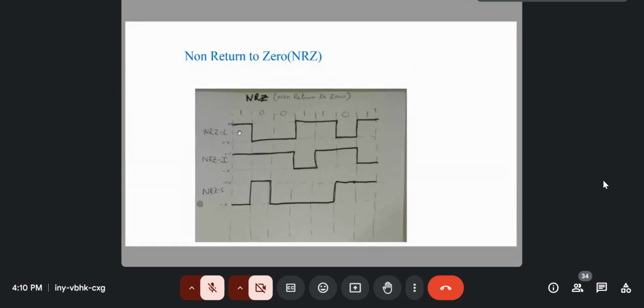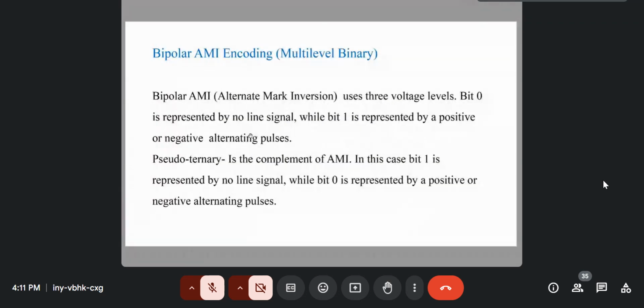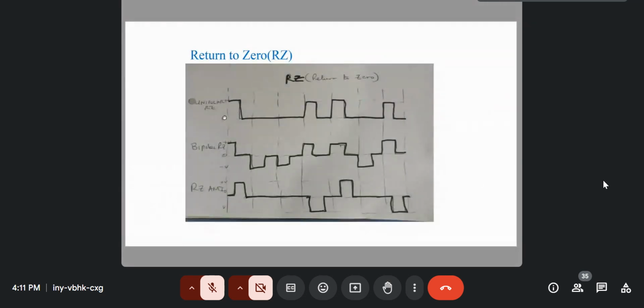So this is called non-return to 0. It does not return to 0; it is either positive or negative. It does not land on 0. Why I was saying that is because sometimes you're asked to do NRZ, and then you draw without putting this. It will not be clear whether you're doing this or this.